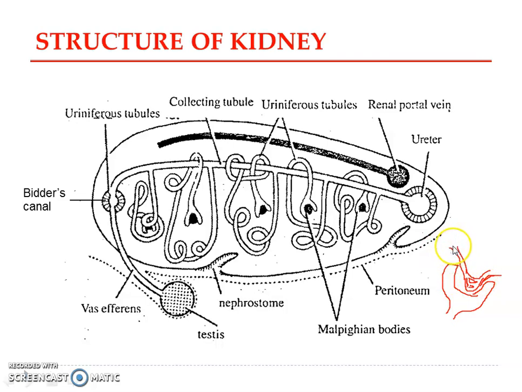The waste materials or substances which are not required and which get filtered will move into the Bowman's capsule. From the Bowman's capsule, it moves through these tubules and enters the transverse tubule. The transverse tubule collects these materials, urine actually, from all the uriniferous tubules and passes it on into the ureter. This is how it happens. I hope that is clear.